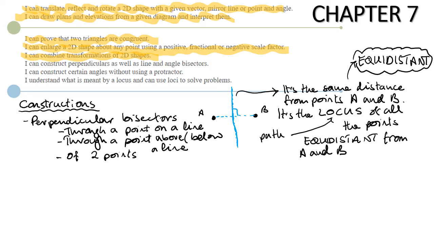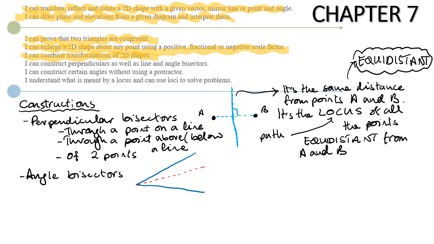The other type of bisectors we need to do are angle bisectors. Okay, so this is splitting an angle in half. So maybe we'll have 2 lines like this. What we're going to do is use a compass to split those angles in the middle without using a protractor.